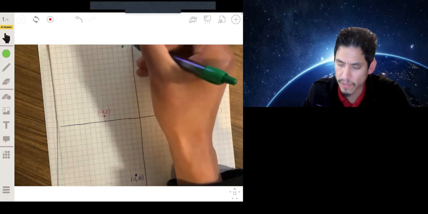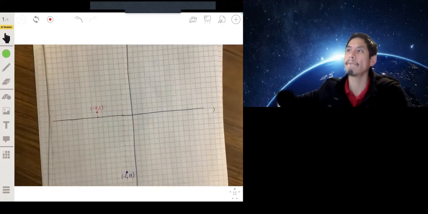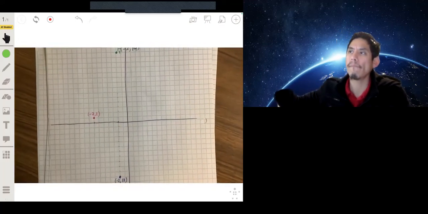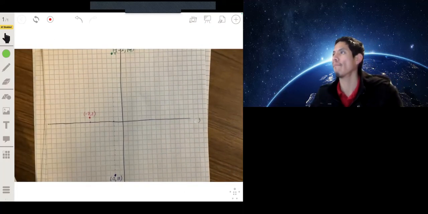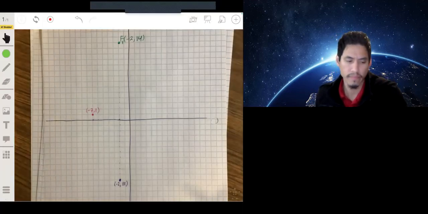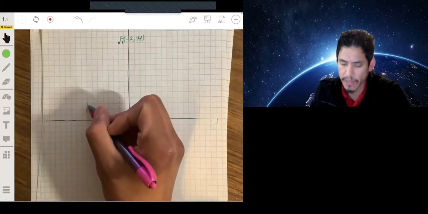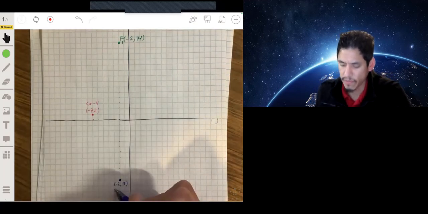So F1 will be, let's say, negative 2, 14. Okay, so we have one co-vertex. Let me label it so we don't get confused. That's a co-vertex and a vertex here.